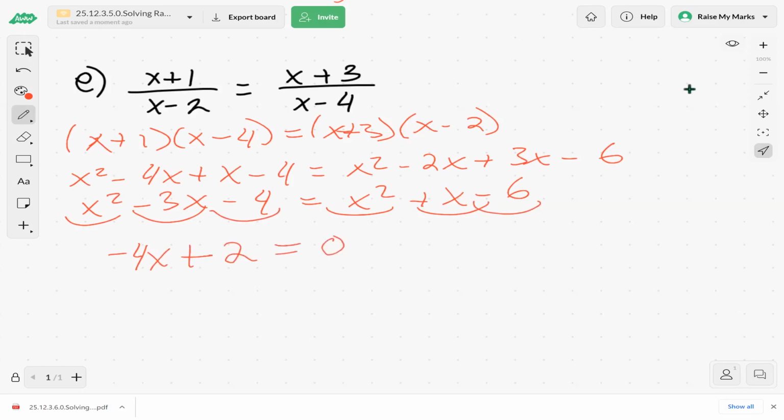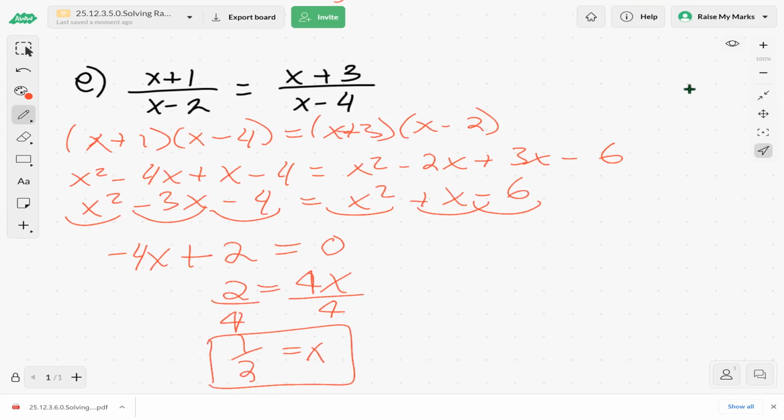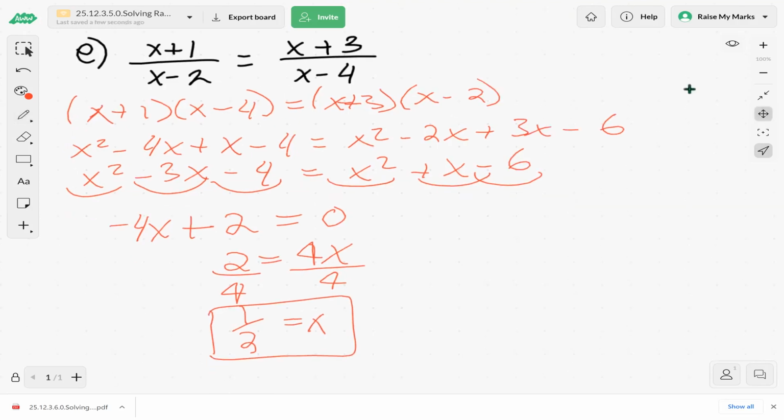Okay. Let's solve for x. So what do we have? We have 2 equals 4x. Divide both sides by 4, and we get x equals 1/2. Good. And it doesn't look like I made any mistakes this time, which is great. Mistakes aren't bad. You just need to check your work and find them.